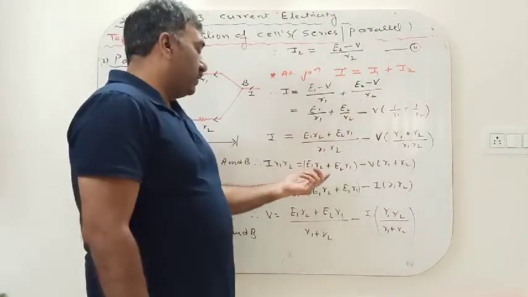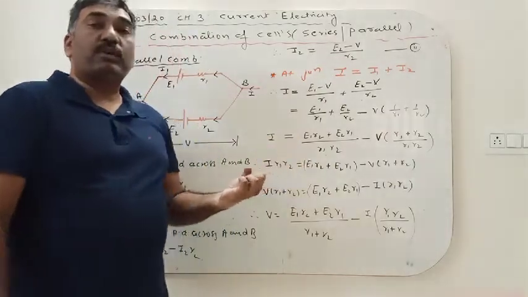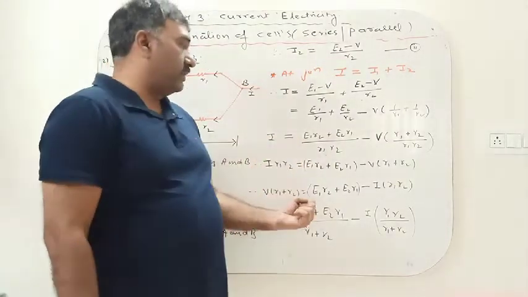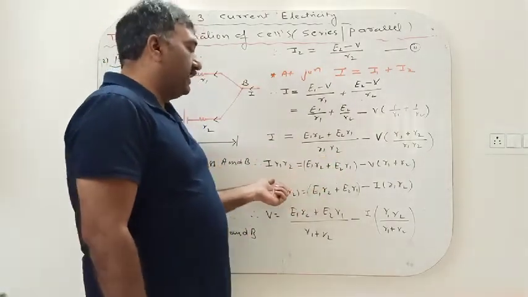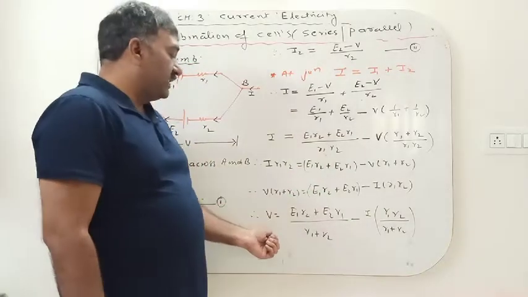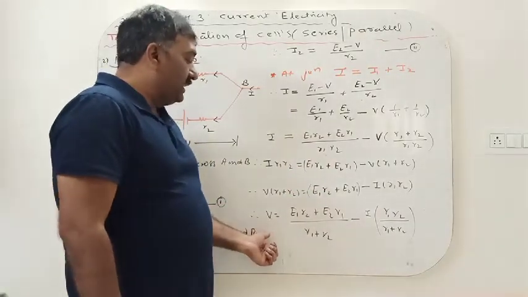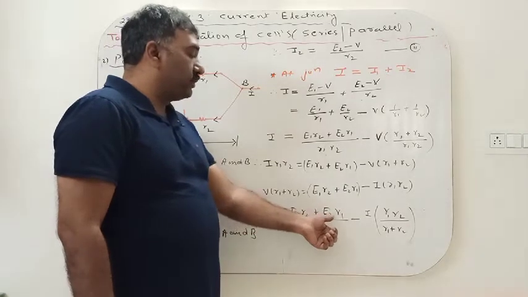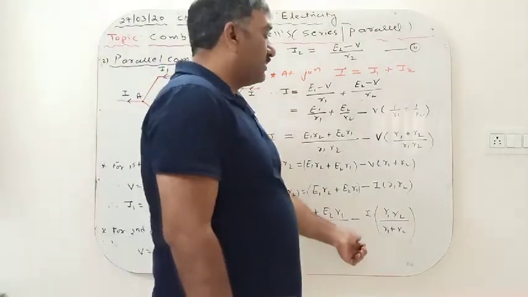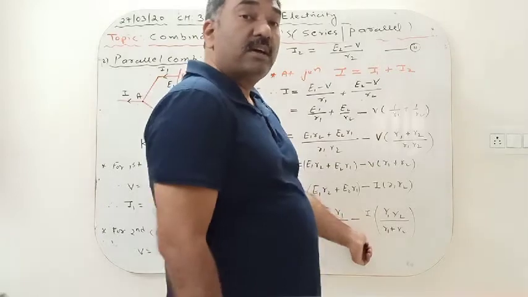Now simplifying, we have to obtain it in the form V is equal to E minus IR. So taking LCM, cross multiplication, rearranging in terms of V, V is equal to E1 R2 plus E2 R1 upon R1 plus R2 minus I R1 R2 upon R1 plus R2.